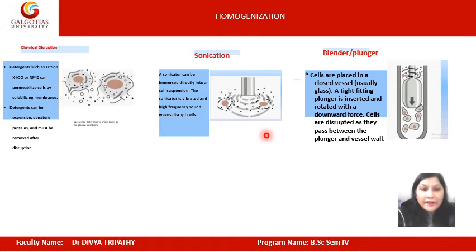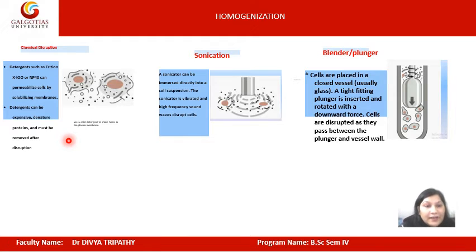Now, on this slide, you can understand different types of homogenization methods. See here, this is an example of chemical disruption in which a detergent like Triton X-100 or NP-40 can be used to disrupt the cell membrane of this cell. These surfactants can make cells permeable by solubilizing the membrane.